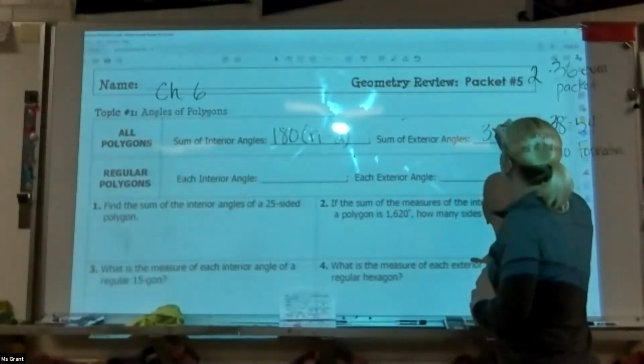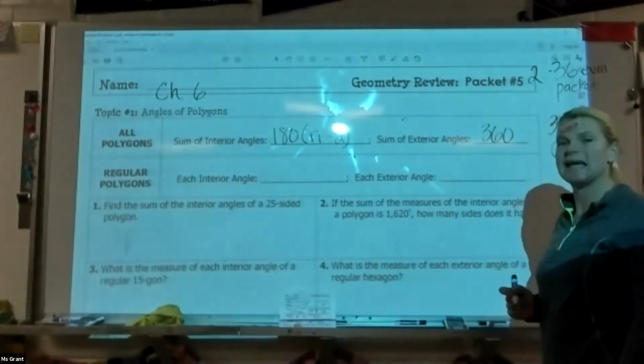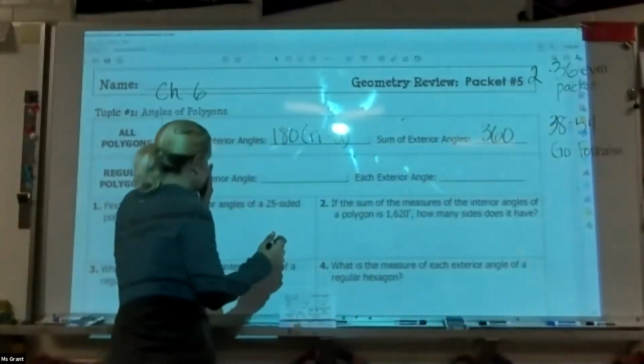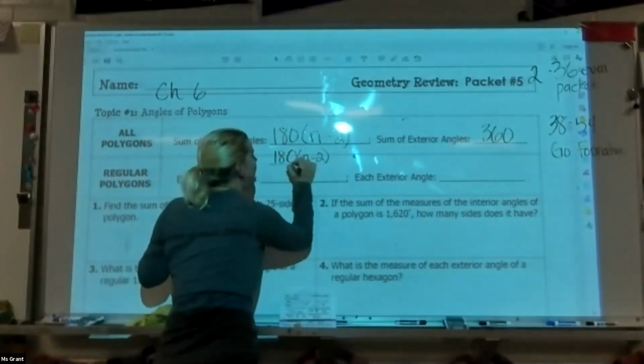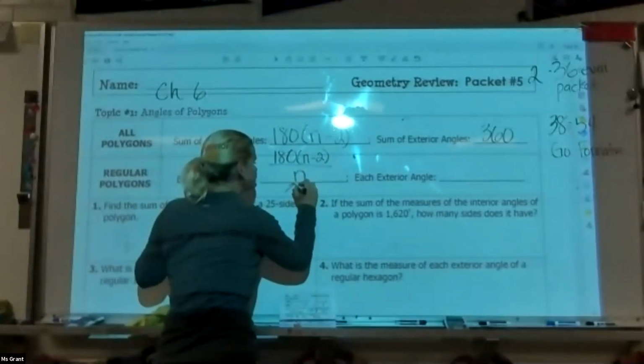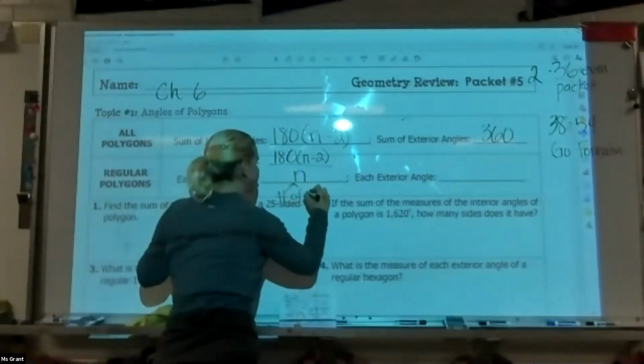So the sum of the interior angles is this. The sum of the exterior angles is 360. Each angle is going to be the sum of the angles divided by the number of sides.